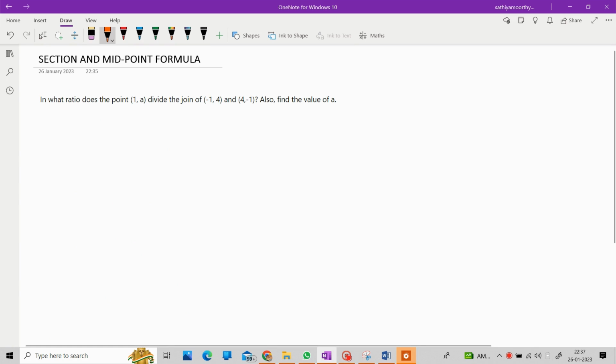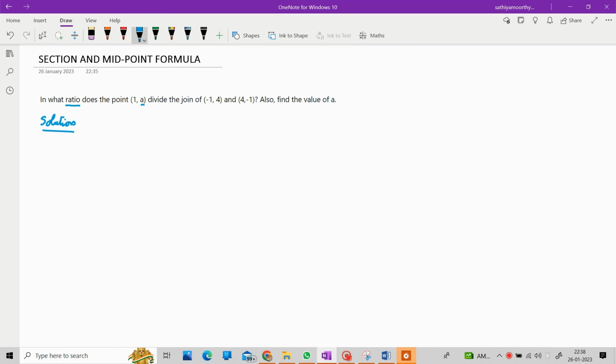Next problem. In what ratio does the point 1 comma a divide the line joining minus 1 comma 4 and 4 comma minus 1? Also find the value of a, they are asking us to find out. So they are asking us to find out the ratio and the value of a. So let me start.